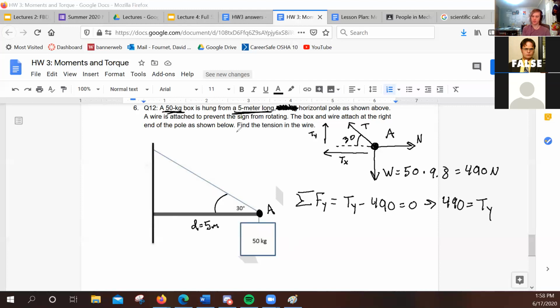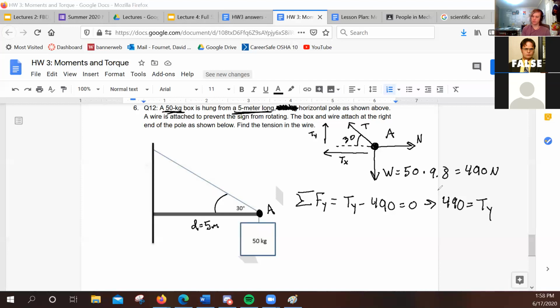Since we're trying to find the tension in the wire, there's a few ways we could do it. One of them can include these. I don't think I really want to do that. I'd like to keep it a little simpler. So let's go ahead and just find out what the tension in the wire is.